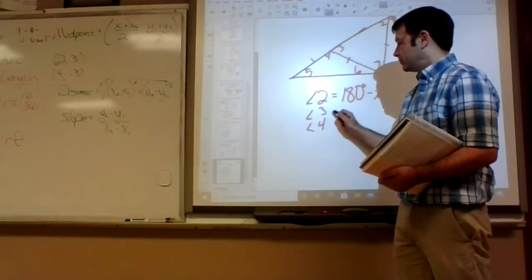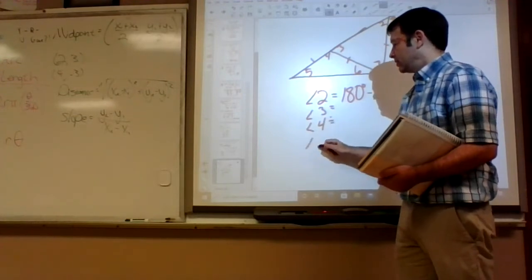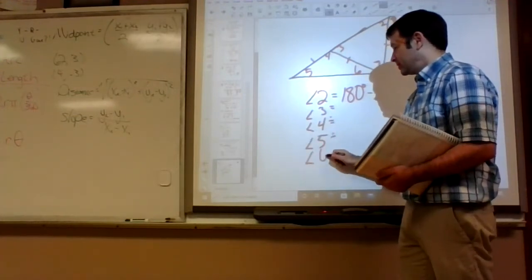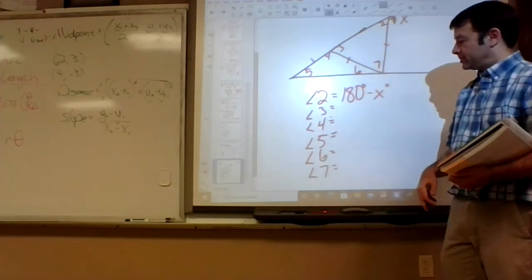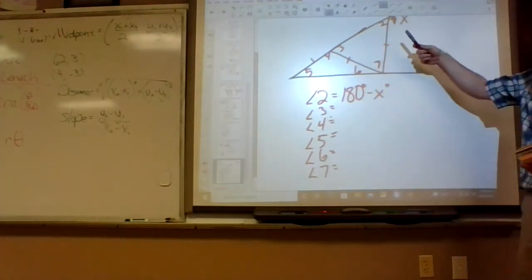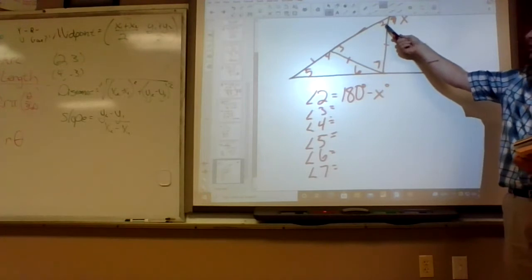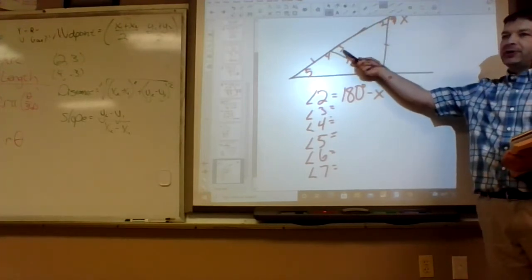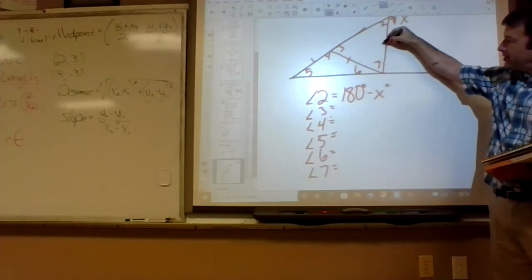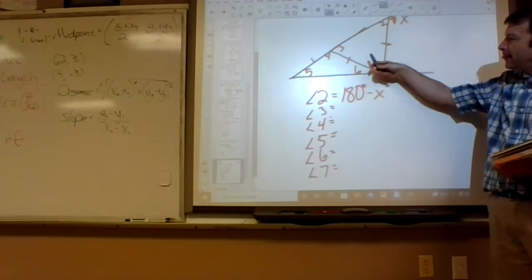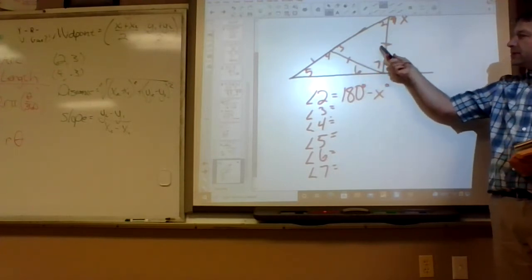Angle 3, angle 4, angle 5, 6, angle 7. Okay, if angle 2 is 180 minus x, then what is angle 3? Do you guys see these marks right here on your book? They're congruent sides.